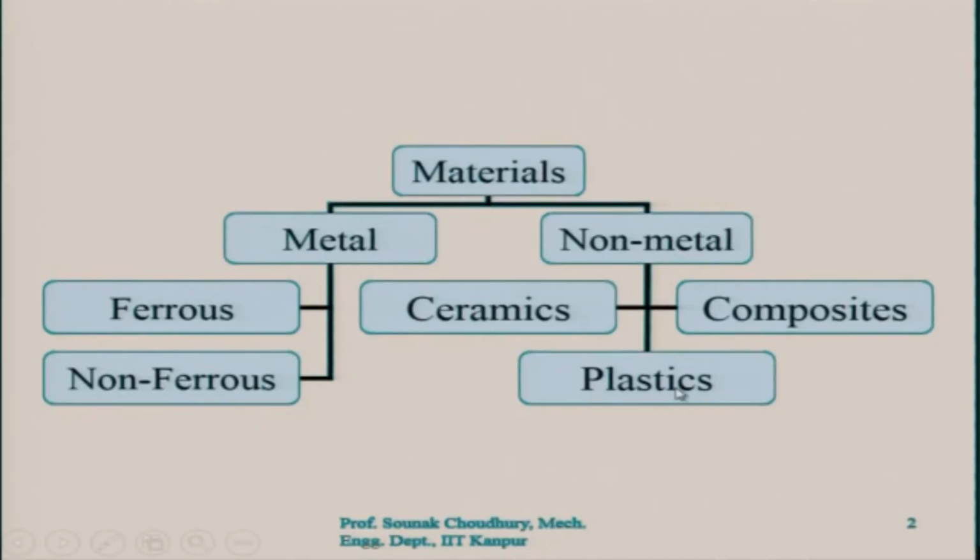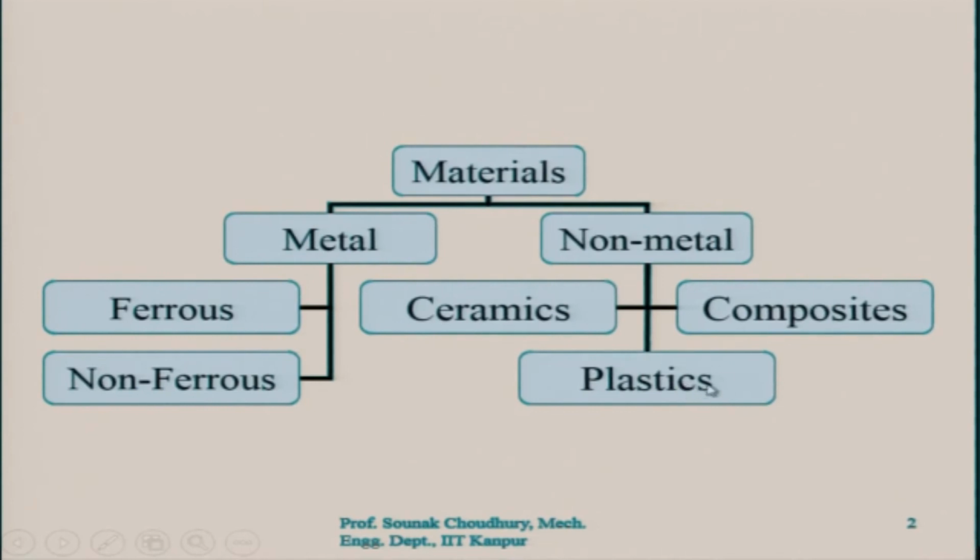Composites are light and very hard materials. Because of their properties they are used very extensively these days, as they are also lighter than metals. Then of course the plastics, which you see all around us.